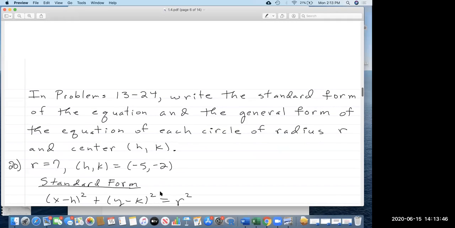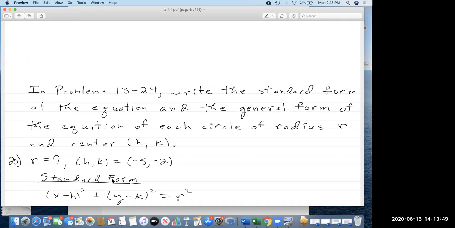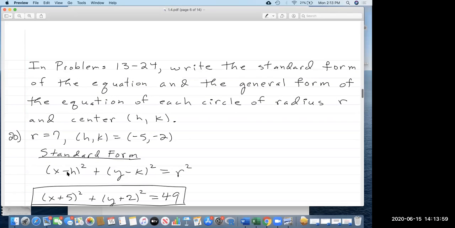Well, the standard form for the equation of a circle is just (x minus h) quantity squared plus (y minus k) quantity squared equaling r squared. h is -5, so minus the -5 is the same as plus 5. k is -2, minus the -2, same as plus 2. r is 7, so r squared, 7 squared, 49. So the standard form for the equation of my circle is just (x plus 5) quantity squared plus (y plus 2) quantity squared equaling 49.